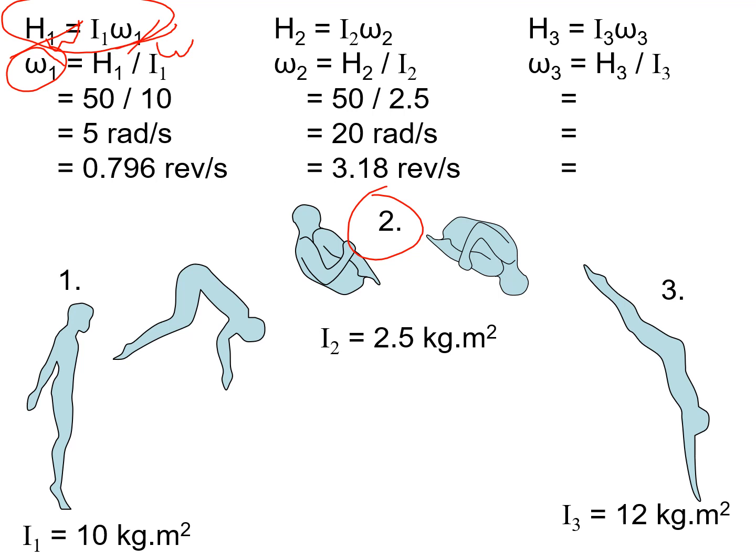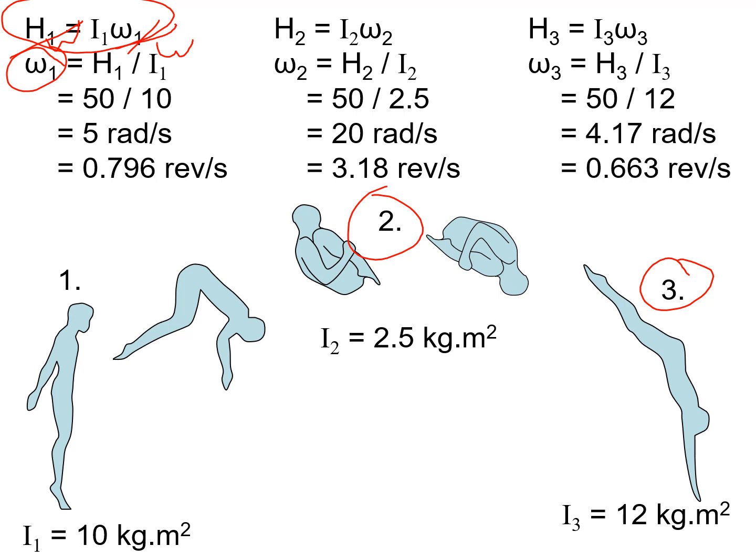And then finally, as they're about to enter the water, they lengthen out or extend outwards again. So they're increasing that moment of inertia, and we're going to see our angular velocity decrease again, to about 4.17 radians per second.